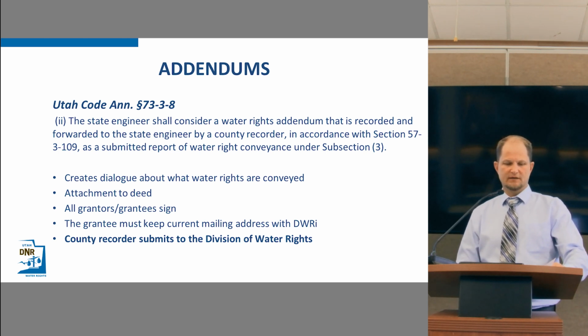This means that an addendum may be attached to a land or water deed to convey water rights. It creates a dialogue between the buyer and the seller about which water rights, if any, are being conveyed with the land and which water rights are being reserved.